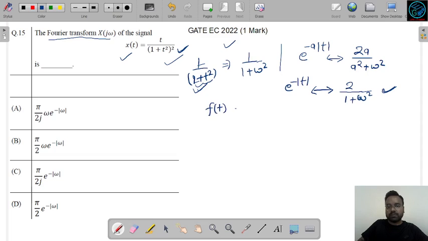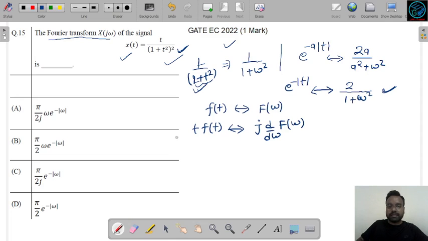If the Fourier transform of a signal f(t) is F of omega, then when we multiply this signal f(t) by t, that is the multiplication by t property of the Fourier transform, the Fourier transform will be simply j d over d omega F of omega. That means j times the derivative of the Fourier transform of the signal f(t).